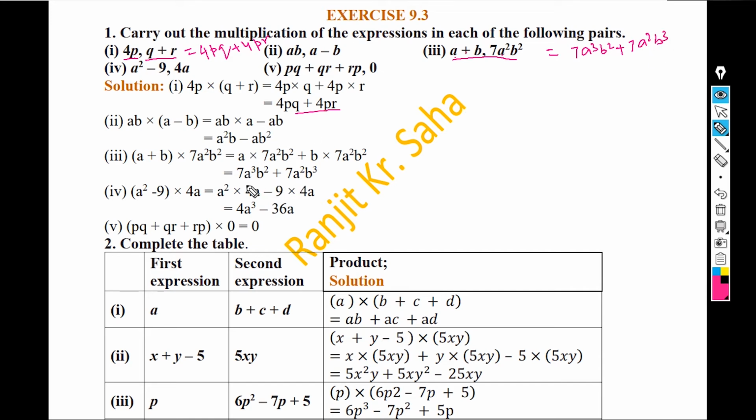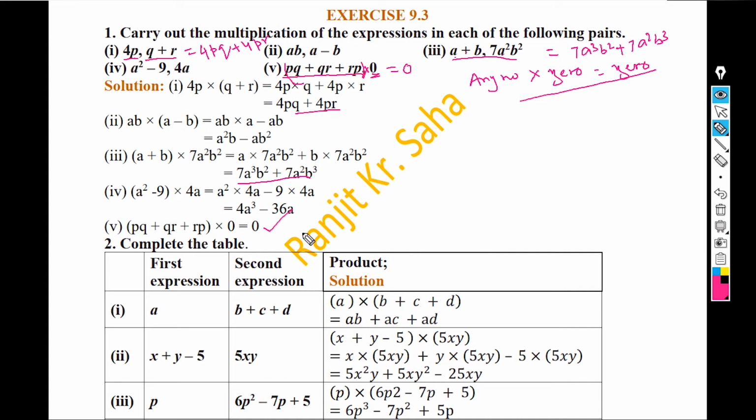Here is the answer for the third. And in this case students, when you are multiplying any number by 0, then the result becomes 0. Any number multiplied by 0 becomes 0. You have to use that, and this is the answer.